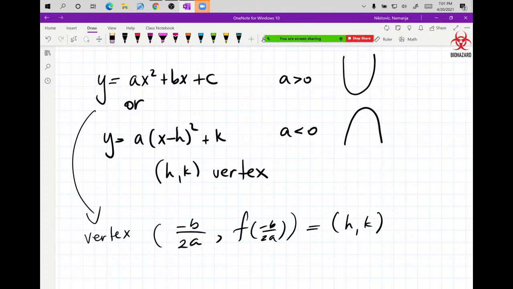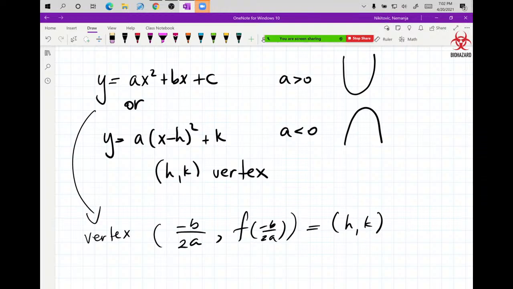All of that you covered before in chapter 2.